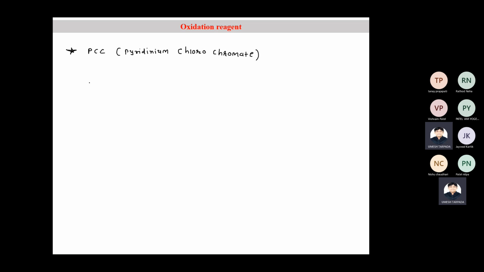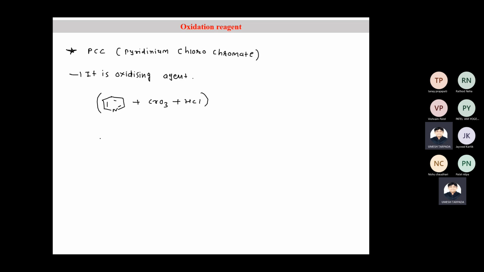Pyridinium chlorochromate is an oxidizing agent. This is nothing but a mixture of pyridine, CrO3, chromate in the presence of acid HCl.